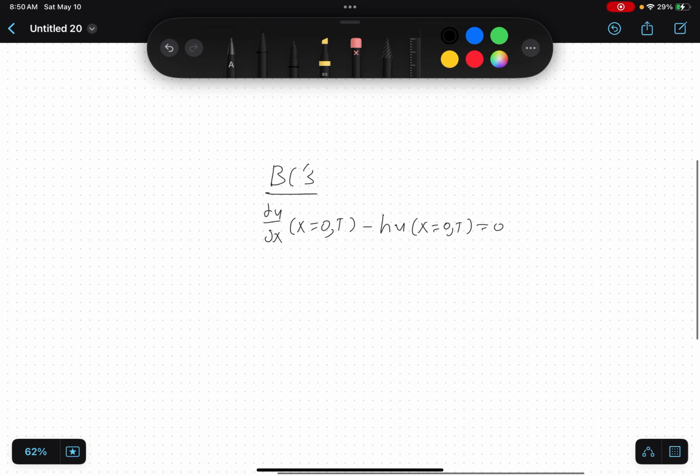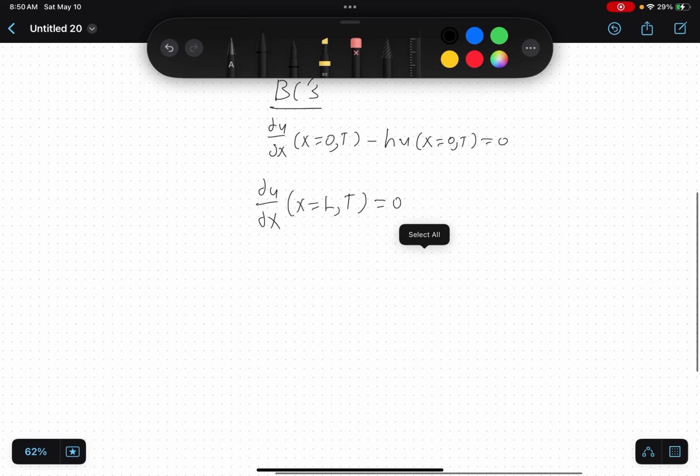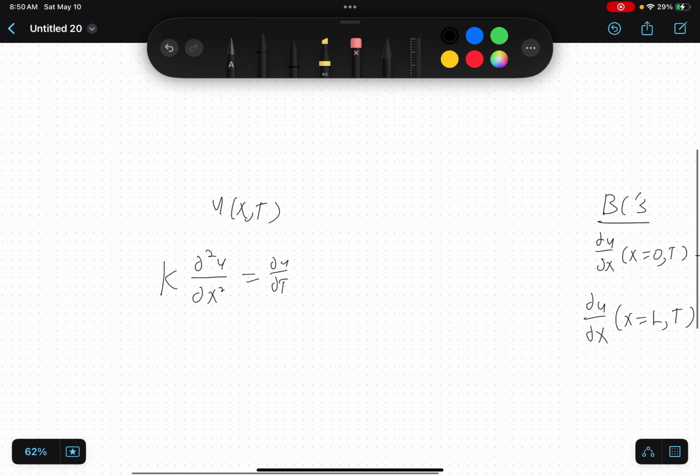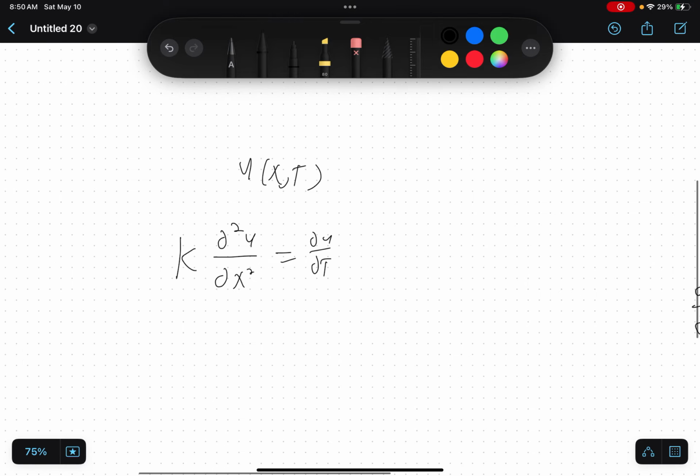The next one, du/dx at x equals L, for all t, equals 0. And then you've also got an initial condition. Just based on looking at this, since you have a second derivative of u with respect to x, you need two boundary conditions for x.